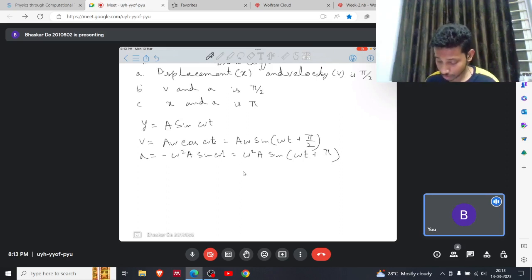So clearly here you can see that the phase difference between displacement and velocity is pi by 2. The phase difference between velocity and acceleration is also pi by 2, and if we see the phase difference between x and a, it is pi.